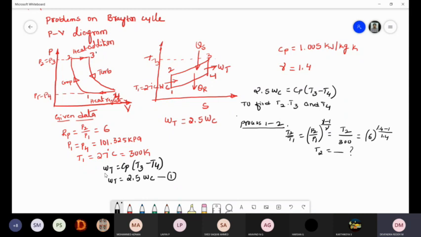What is the value of T2? Use the calculator. 500.5 Kelvin. Yeah, correct.